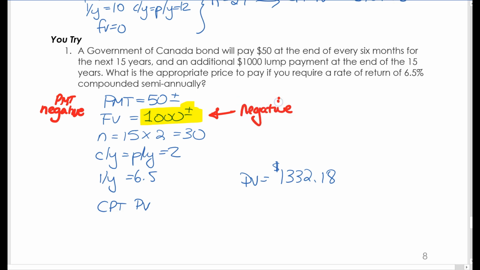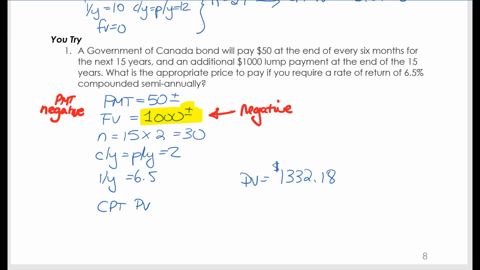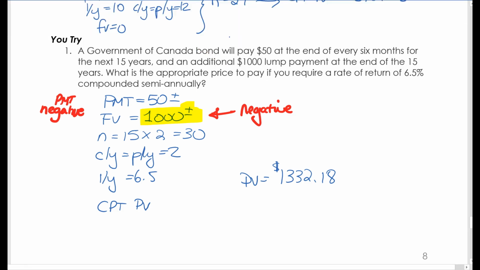Think of it as both the periodic payments and, at the end, the lump sum are coming out, so they should be the same sign, negative. Be careful about that, otherwise you won't get the right answer. It's really important that you take note of that.